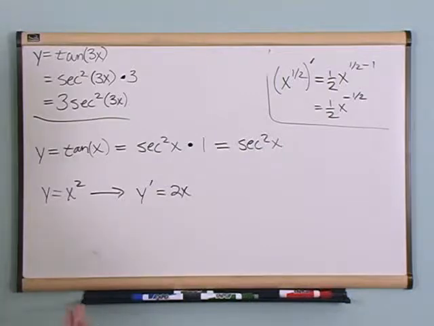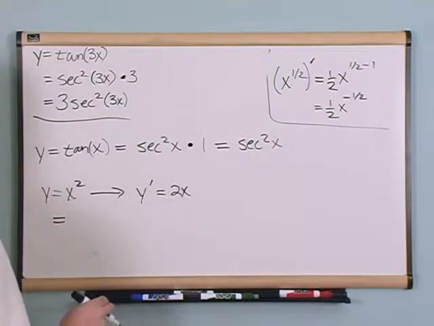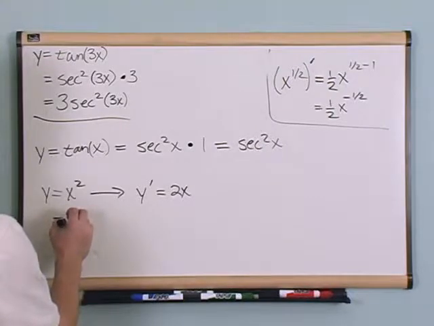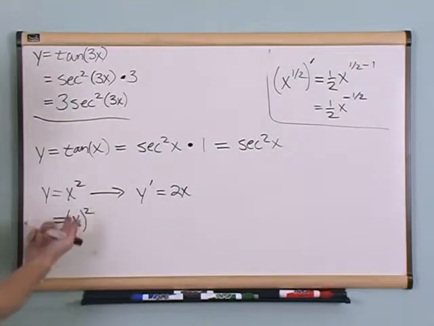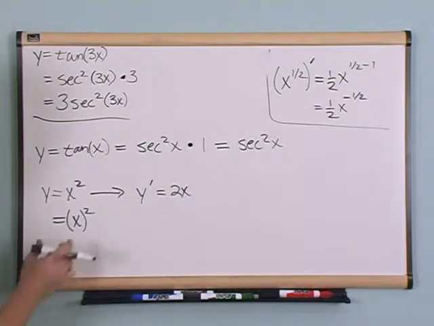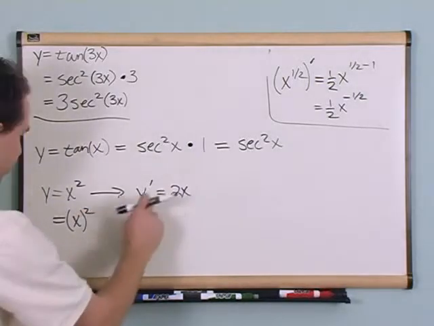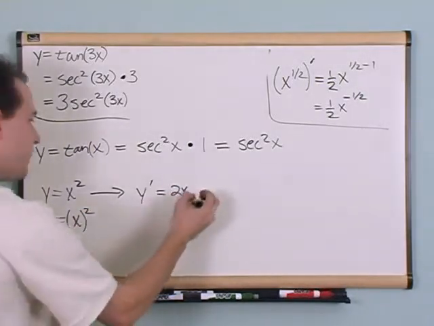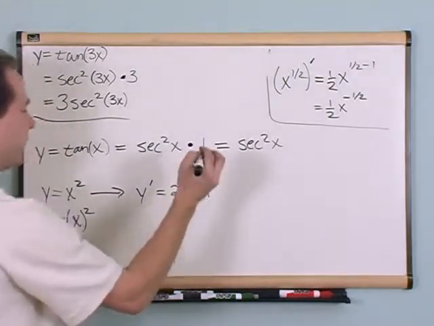But no, reality says what you've had here is x raised to the power of 2, like this, which is really the same thing as this. So the big picture function is something raised to the power of 2, okay? So I'll do 2 and then x and the 1 power. But again, I've multiplied by the derivative of the inside, which again is 1.